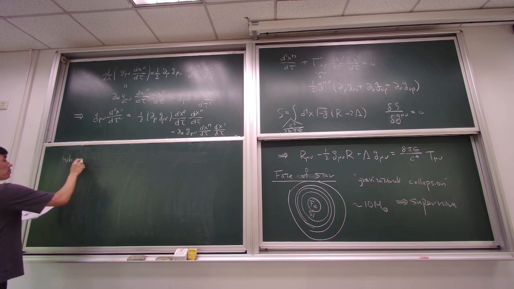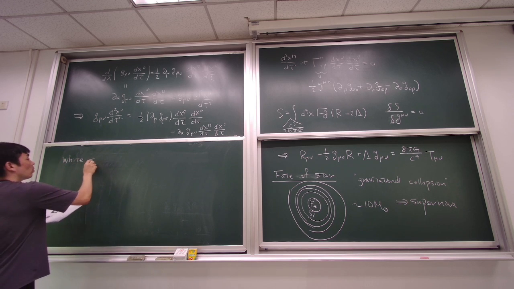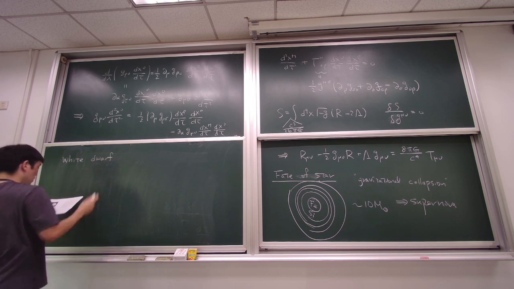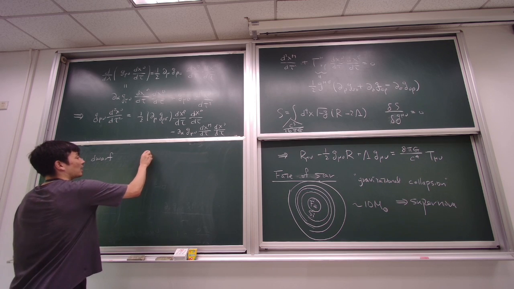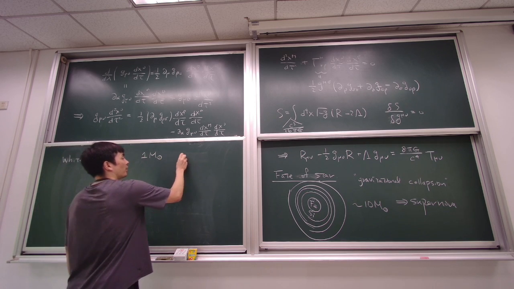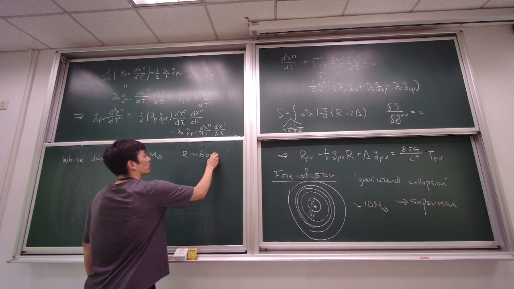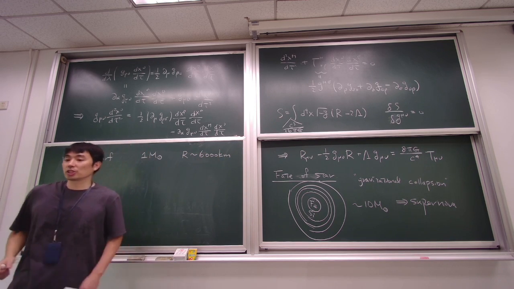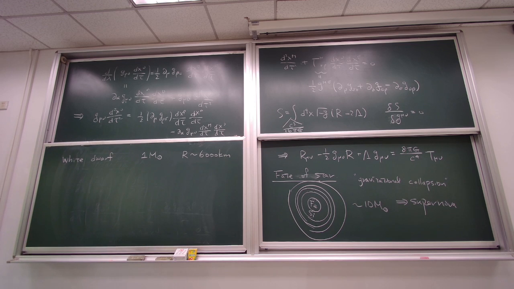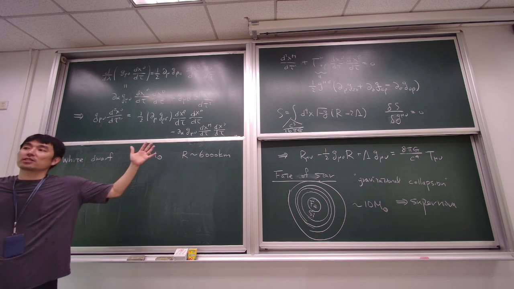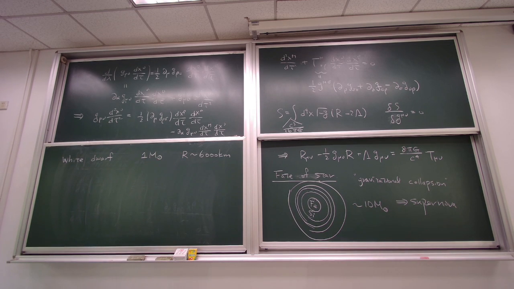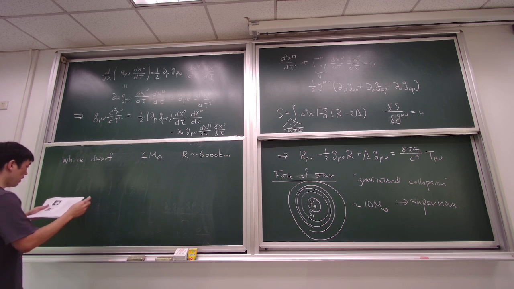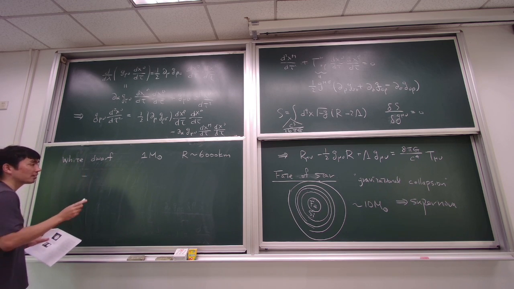As I mentioned, the white dwarf is about one solar mass, and the radius is around 6,000 kilometers, which is around the size of the Earth. So you can just squeeze the sun into the size of the Earth, and that is a white dwarf.